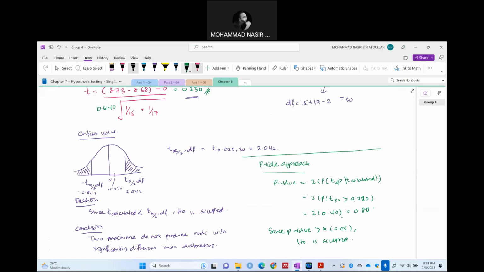So how do we get this one? So I write it down, easier for you to remember later.